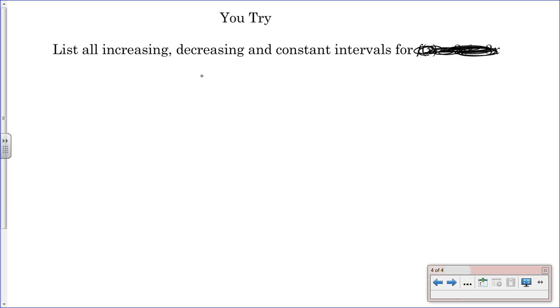I want you to list all increasing, decreasing, and constant intervals for f of x equals x cubed minus 3 halves x squared. Pause the video for a few moments, or however long it takes you to solve this.